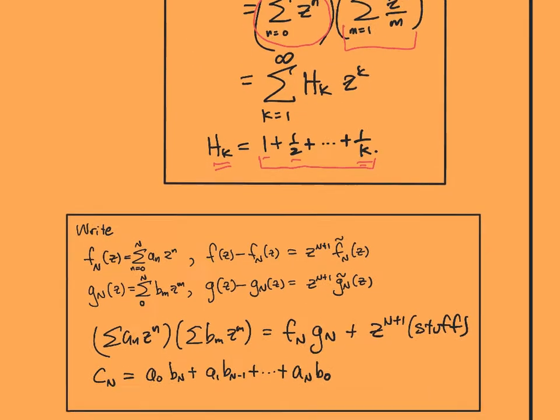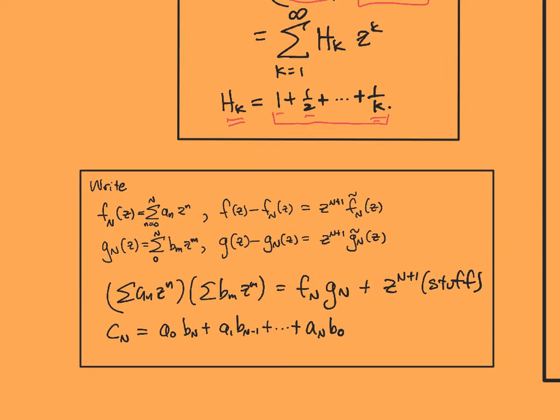Now, how do you show that you get this convolution product? Well, you could do it analytically, but it's straightforward to show it algebraically. So if I take f and I write out the terms going up to z^N of its power series, then f minus f_N will start at z^{N+1}, and by our local description of analytic functions, I can factor that out and have this analytic.